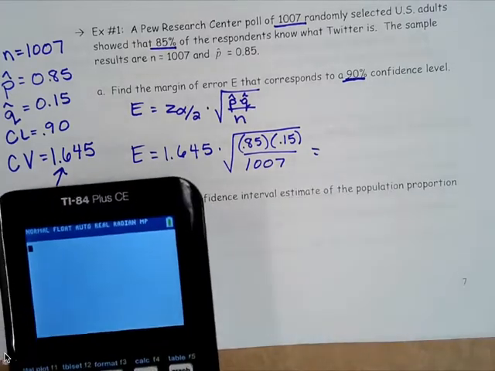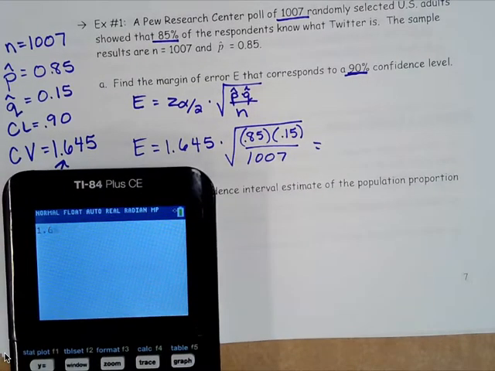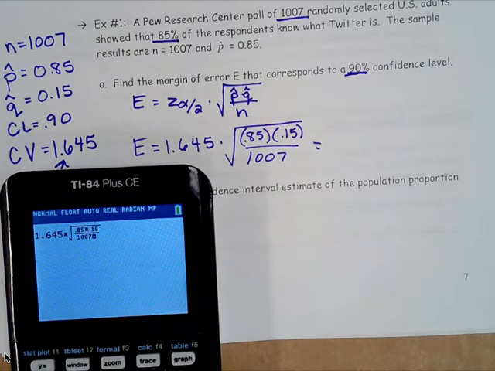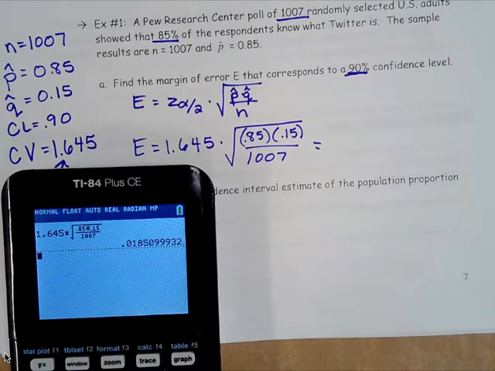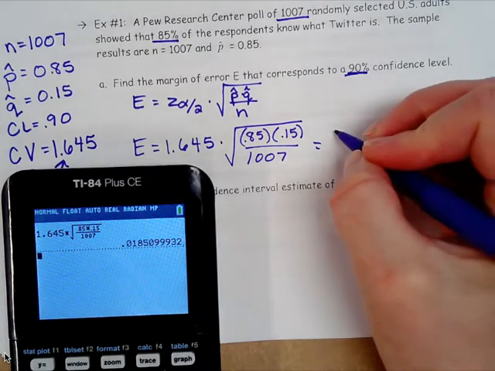So plug it into our calculator. And just make sure you put it in correctly with your square root of the whole fraction. I'm going to go ahead and just show y'all what I got. We're going to round to 3 significant digits, remember?